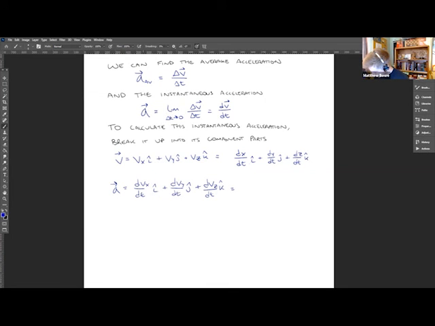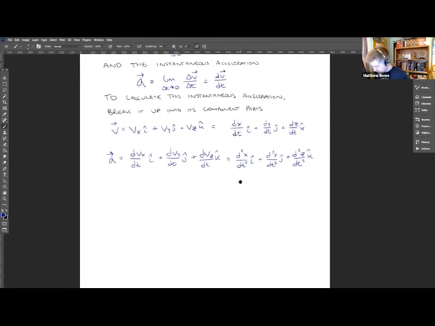And if I was to rewrite this in terms of position, we would have the second derivative of x in the i hat direction, the second derivative of y in terms of t squared. There should be a squared on the bottom. J hat plus the second derivative of z over dt squared, the k hat direction.